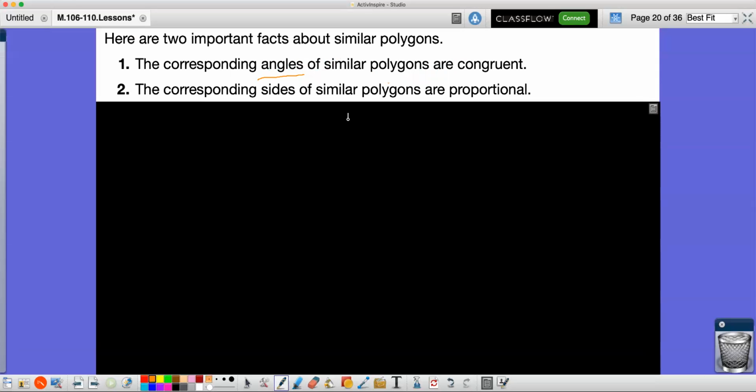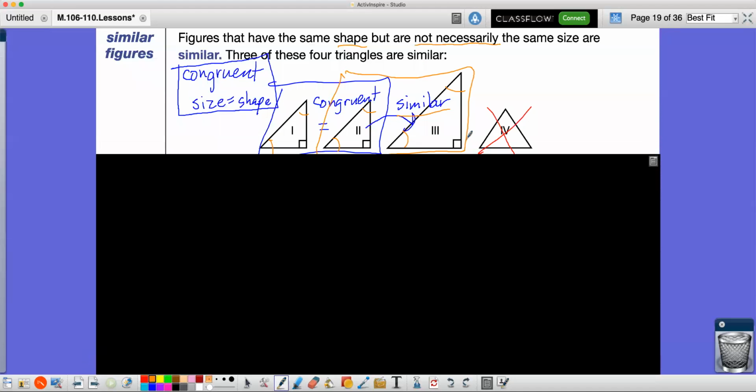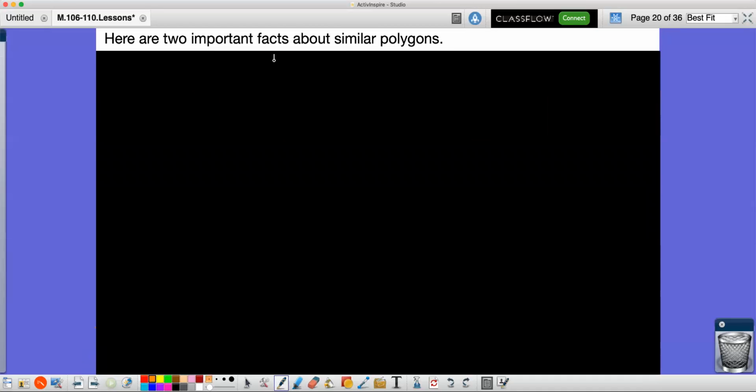The corresponding sides of similar polygons are proportional. So the sides will remain in proportion, but they may be different in size. Going back to this, you can see that this one is proportionate. This triangle right here is maybe twice as big as triangle 2.